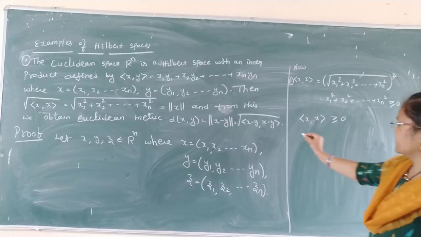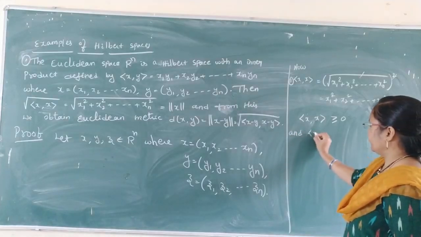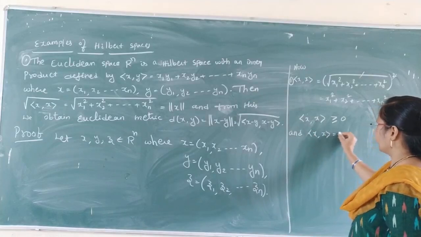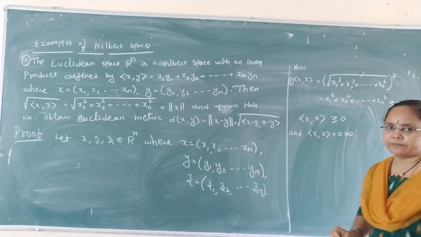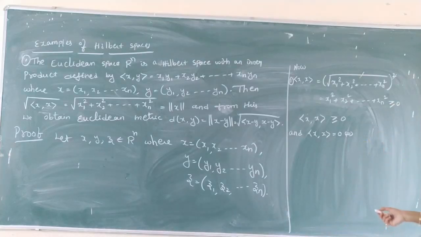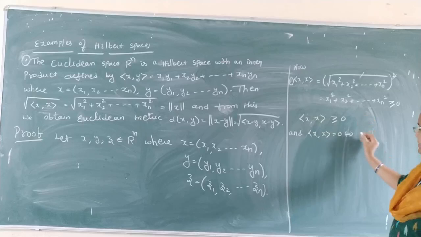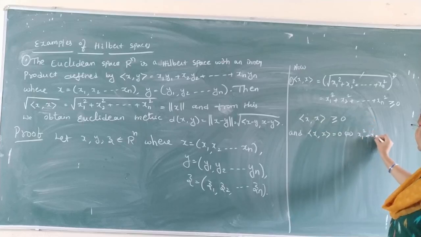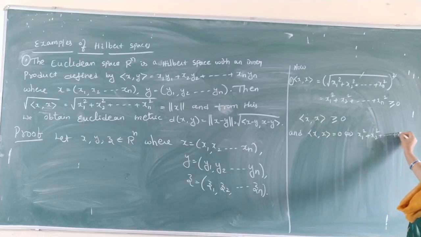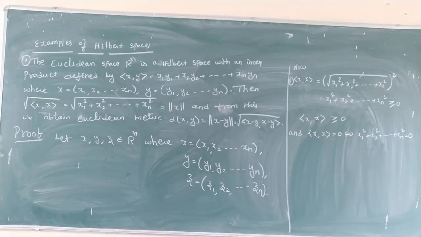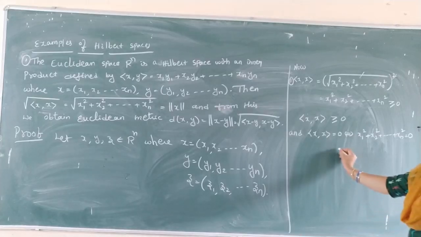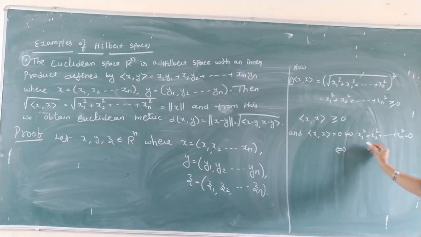The next one is that the inner product of x comma x is equal to 0 if and only if x is equal to 0. For this purpose, see the inner product of x comma x, whose square we take to the other side, and what is left is these terms. So directly x1 square plus x2 square and so on plus xn square is equal to 0. Here the addition of n terms is 0, which means every term is 0.